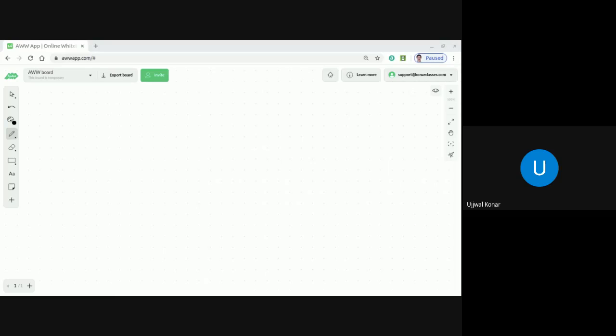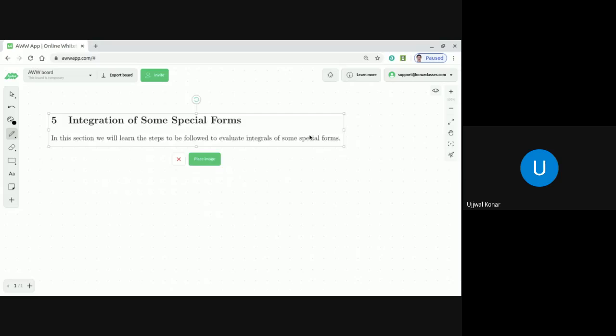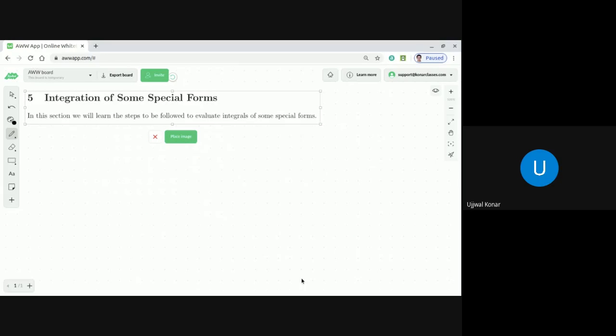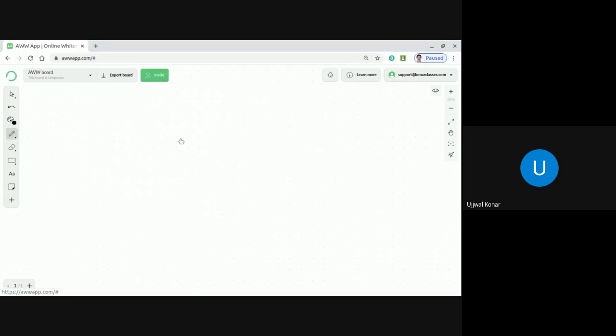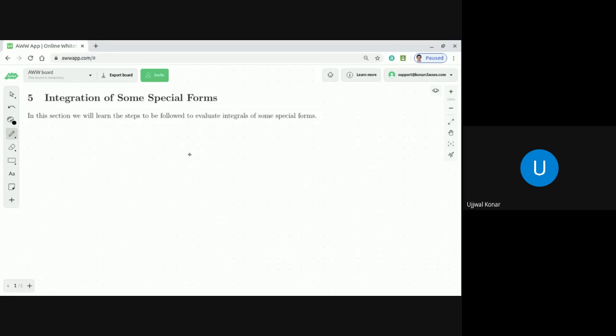So what we are going to discuss today is integration of some special forms. If you find integration is coming in these particular forms, we can use a step by step guideline, and that will help us to find the solution. Now what does it mean?